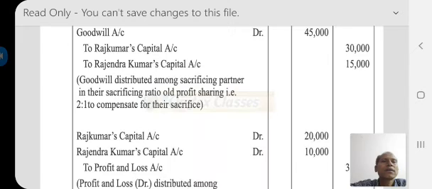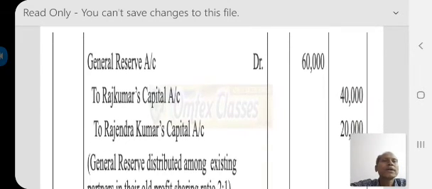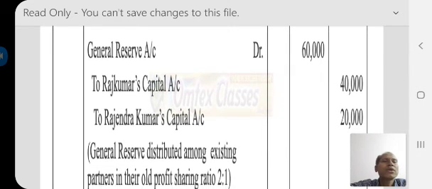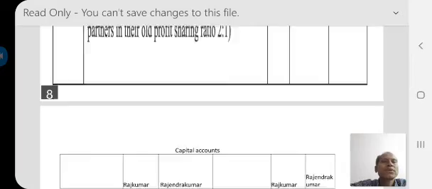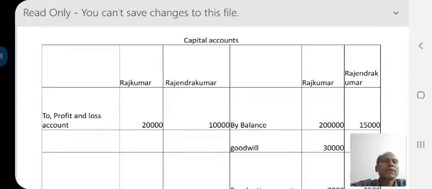Now loss is distributed among all the partners. General reserve is also distributed to all the partners, and these are the capital accounts of all the partners.